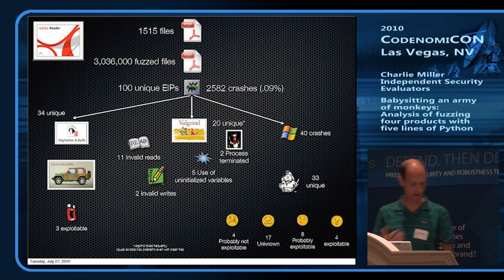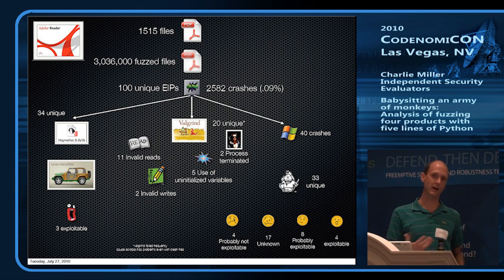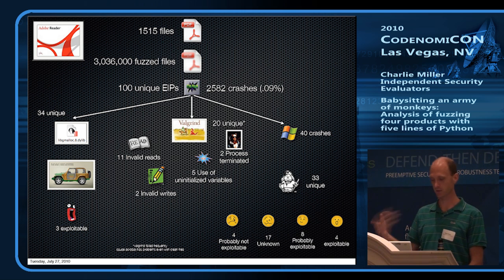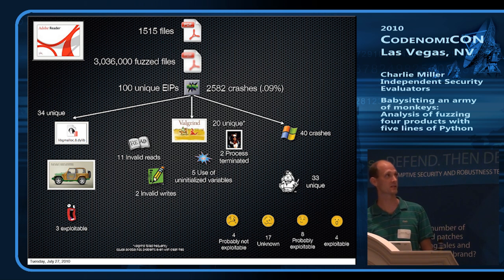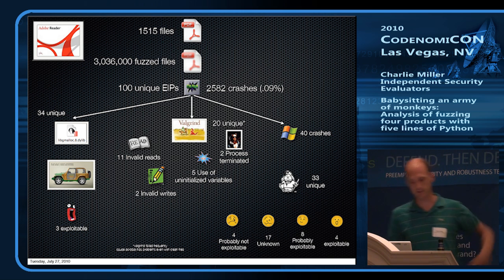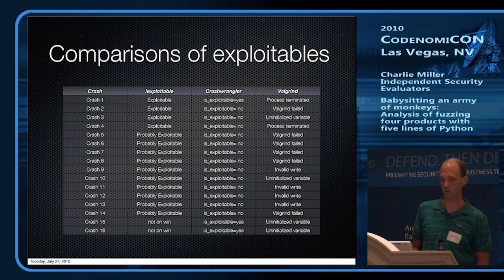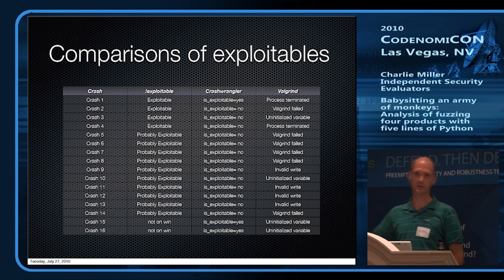All right. And then I go on to say some things about, at this talk I was interested in how the tools compare, what kind of things you find with fuzzing, so sort of meta questions about fuzzing. I'll just run through these real quick, and again, if you're interested, check out my slides. You can see here these are different tools and what they said. There's only one crash that everyone agrees is bad.